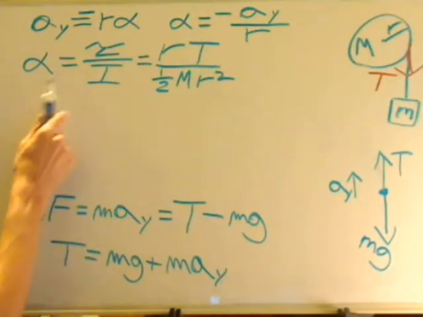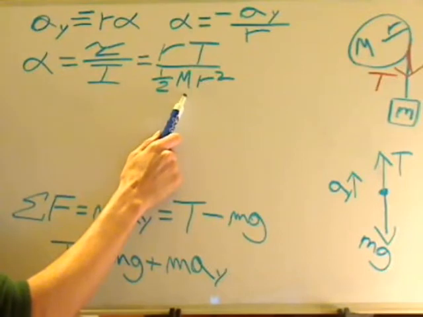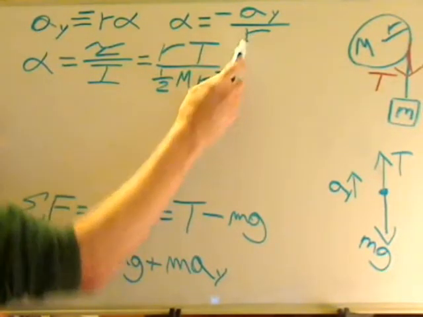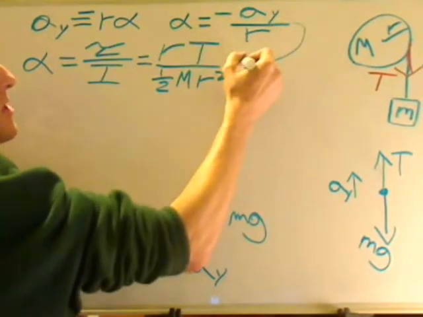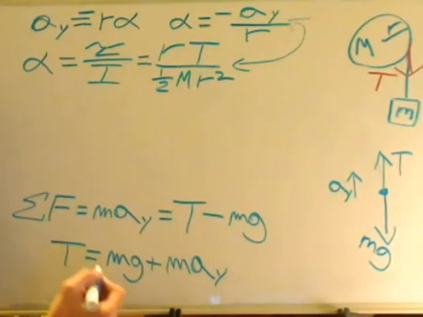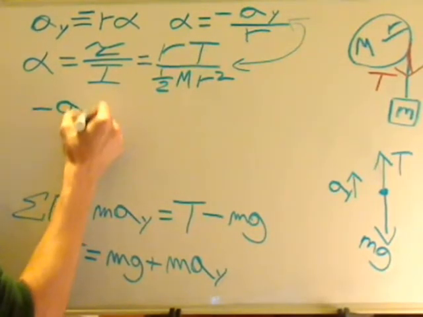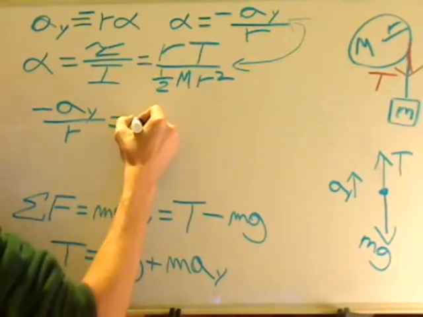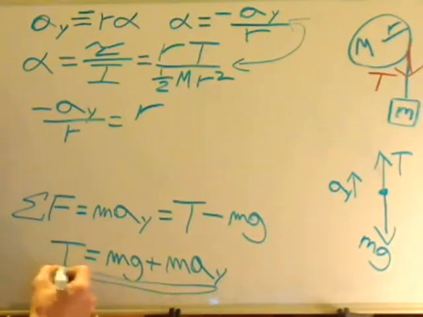Now, we have two expressions for angular acceleration. Angular acceleration is this, and angular acceleration is also this. So these two expressions are equal. Let's write that out then. Negative y acceleration divided by r is equal to r times the tension, and the tension is this.